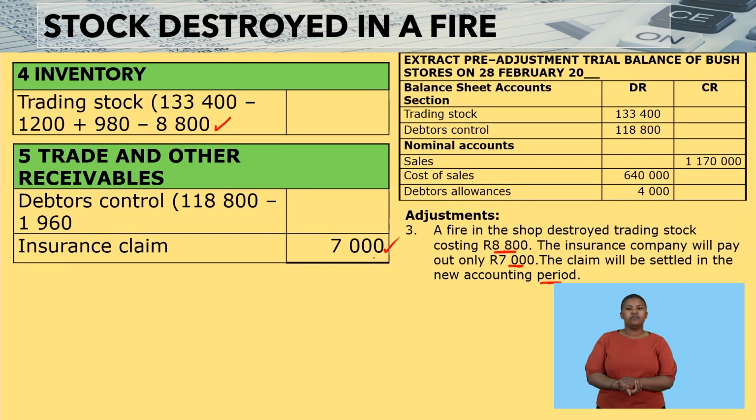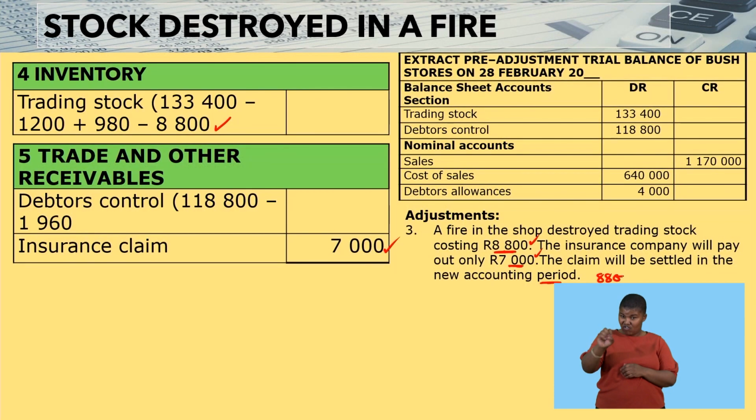The next place is to now say, if they have covered us for 7,000, yet the stock was for 8,800, who is going to cover the remaining amount? What it simply means is, when we take the 8,800, which was the value of the stock, then we subtract the 7,000, which is what the insurance company will cover. The difference, which is 1,800, becomes our loss.